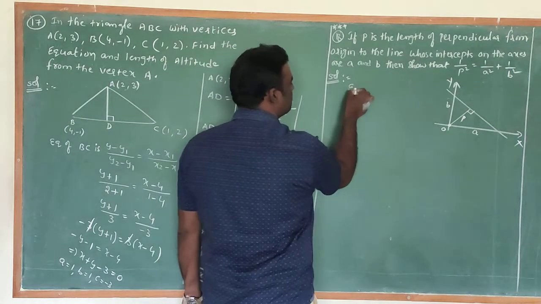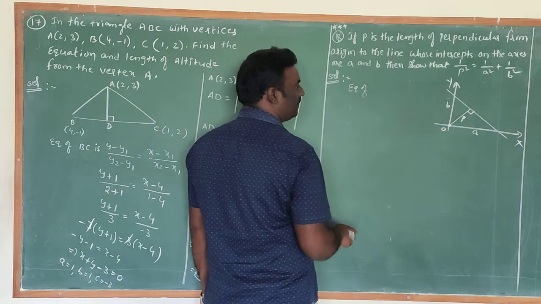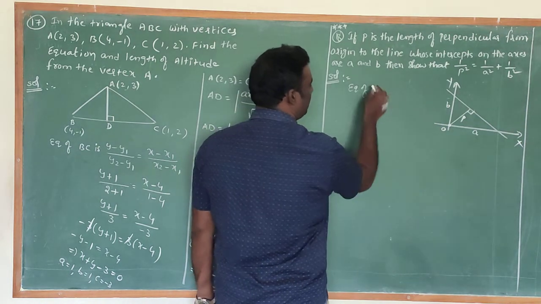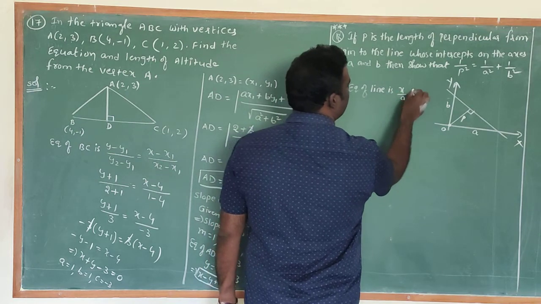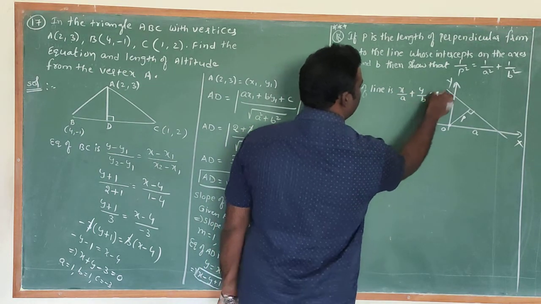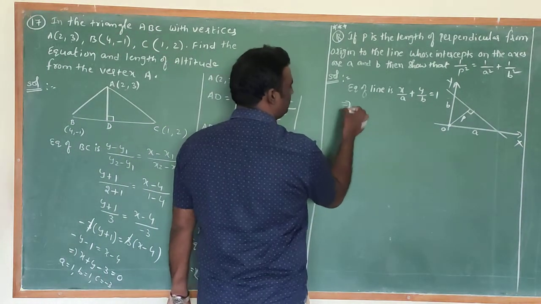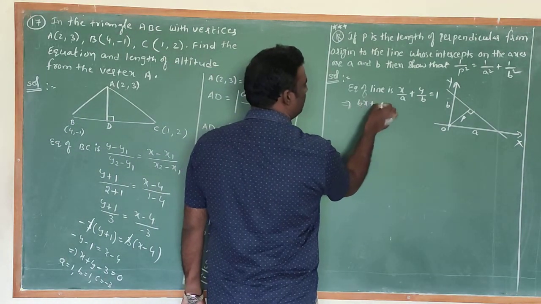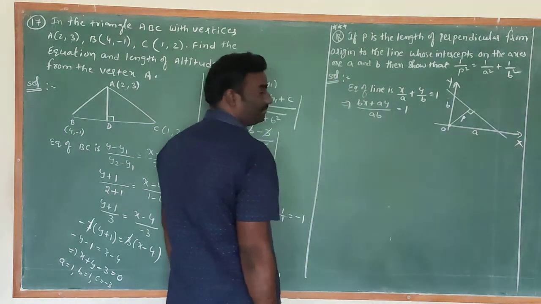Therefore, the equation of line. I am taking the equation of line in intercept form, which is x by A plus y by B equals 1. This can be written as bx plus ay by AB equal to 1.